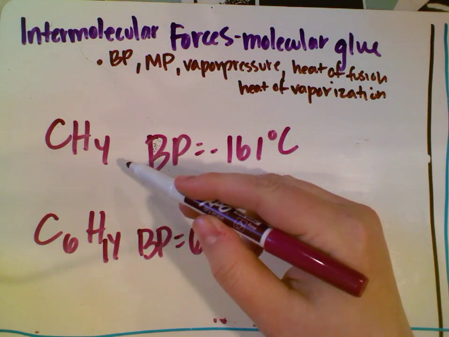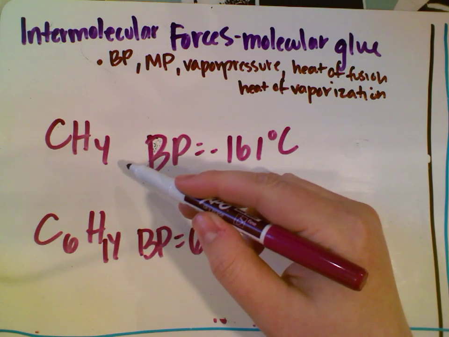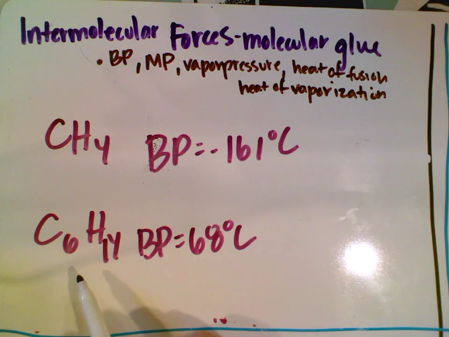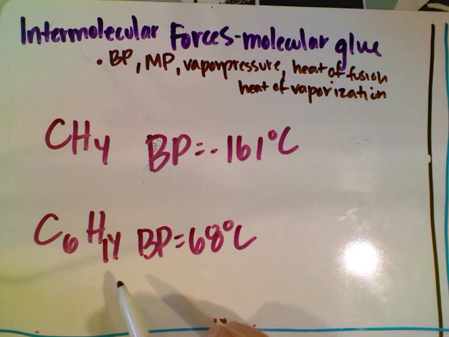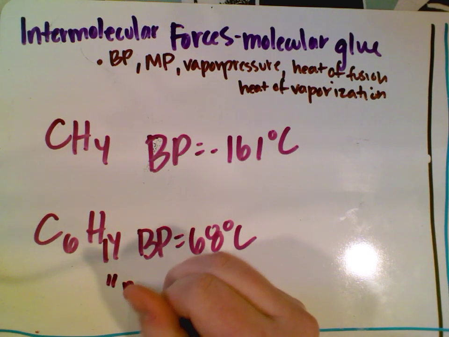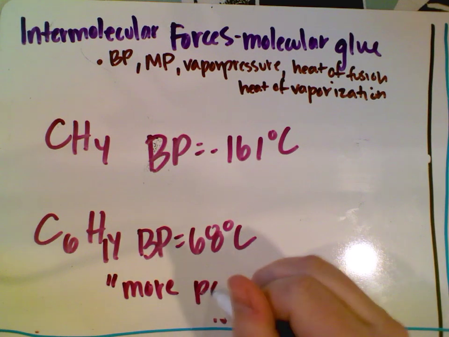It has very little intermolecular forces between one CH4 and another CH4. But C6H14 is kind of a big mama, and so in this case, it's got more London dispersion forces because it has more electrons. And there is a term that they like to see. It is more polarizable.